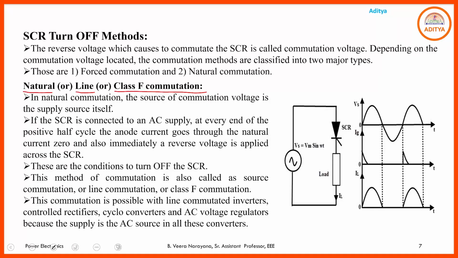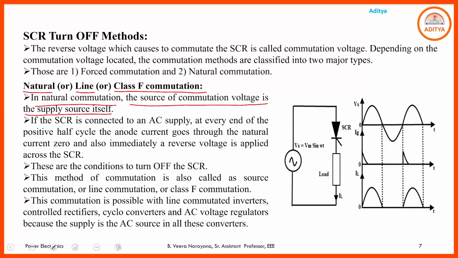And in natural commutation, the source of commutation voltage is the supply source itself. That means there is no requirement of the additional components to commutate the SCR. Commutate means turn off process of the SCR.